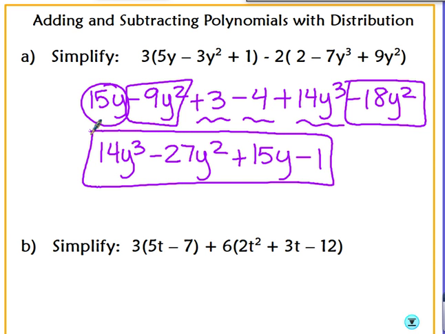Your solution comes out to be 14y cubed minus 27y squared plus 15y minus 1.